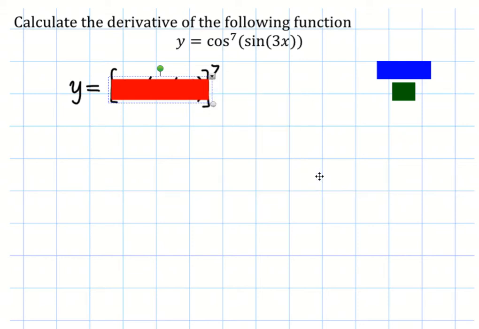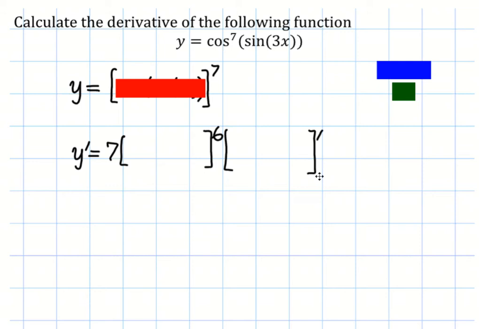So it doesn't matter what it is inside of that bracket, the derivative is going to be equal to 7 times the bracket to the 6th power. That is the power rule. And the chain rule says we have to take the derivative of what is inside the bracket. Doesn't matter what it is.